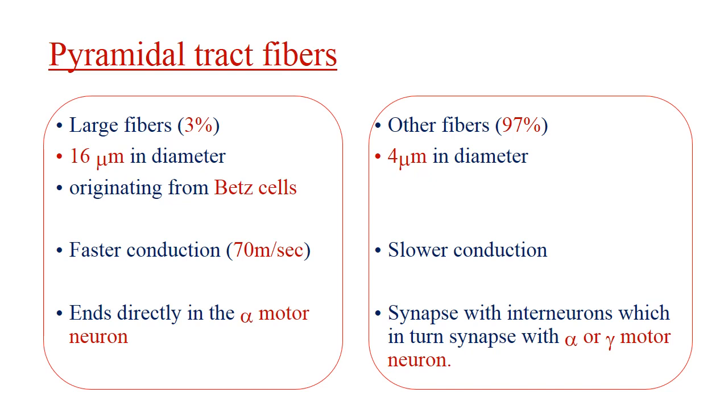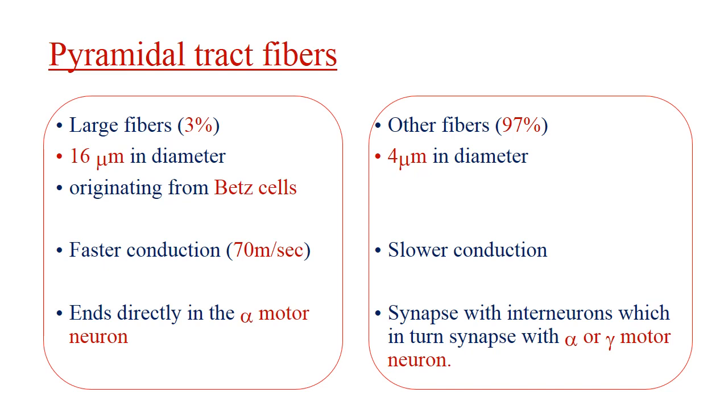Okay, about 97% of these fibers are small in diameter and have a slow conduction velocity. They have little myelin, so the conduction of impulses through these neurons is slower. When these fibers reach the spinal cord, they need to synapse with the interneurons, and in turn these synapse with the anterior motor neurons, which are the alpha and the gamma motor neurons.